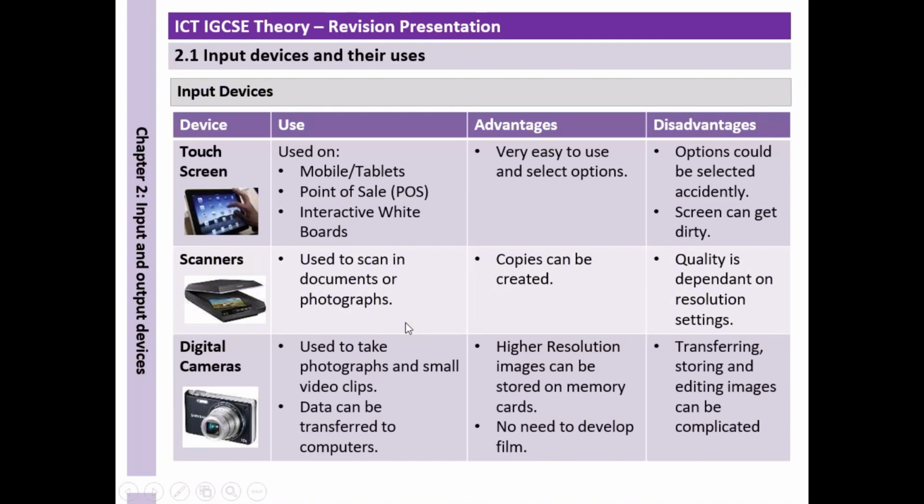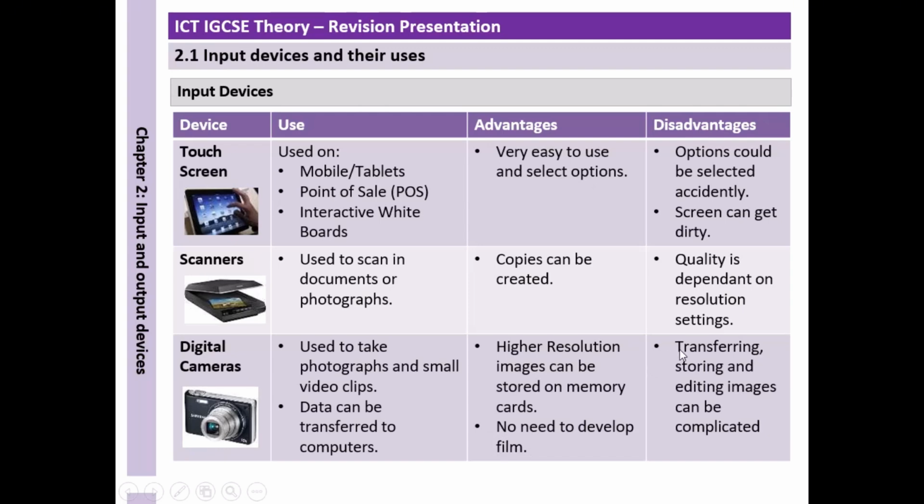And then you have got the digital camera. Digital cameras are for taking photos, used to take photographs and small video clips. Data can be transferred to the computer via the universal serial bus, USB. So advantages: higher resolution images can be stored on memory cards. No need to develop film like the old cameras, where the film had to be taken to the studio.